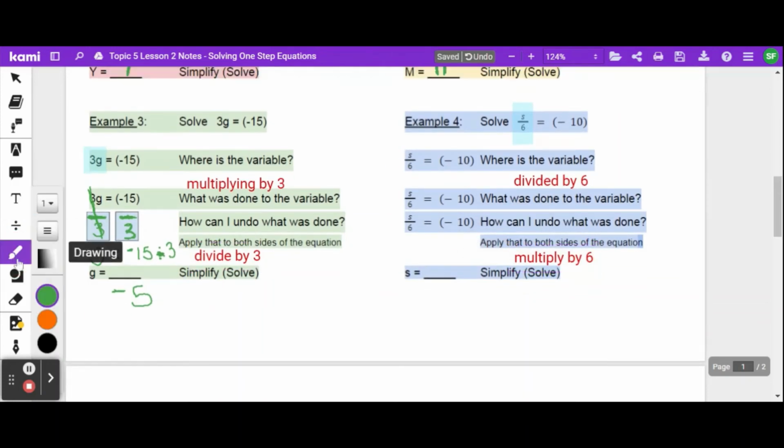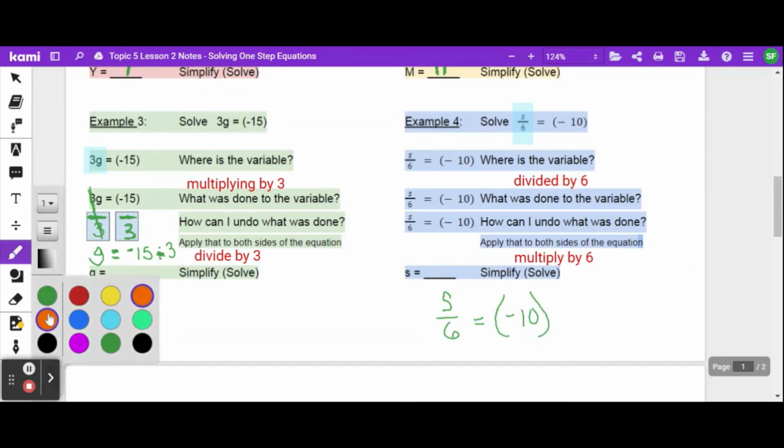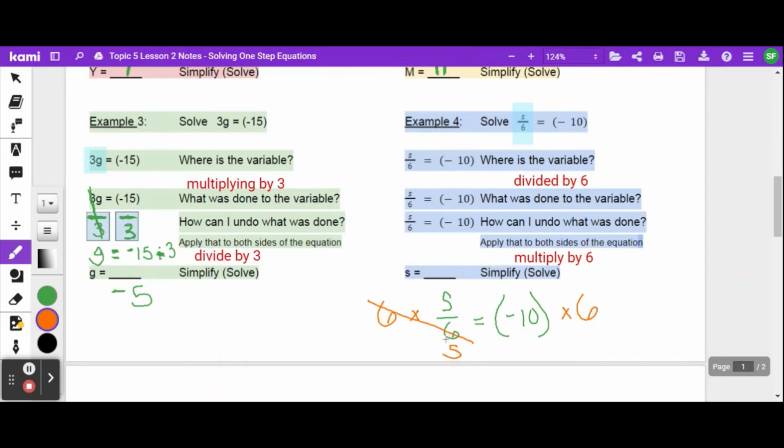I'm going to rewrite this down underneath so we can show it a little bit better. So I have s over 6 equals negative 10. So I'm going to multiply by 6 on both sides. Similar to example 3, 6 and 6 are going to cancel, which is going to leave me with my s. That is an s, not a 5.